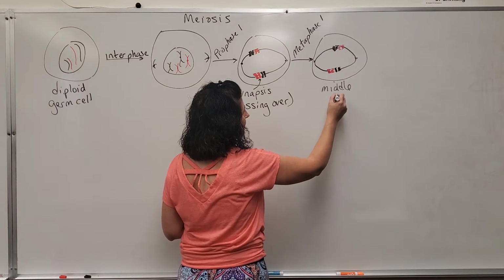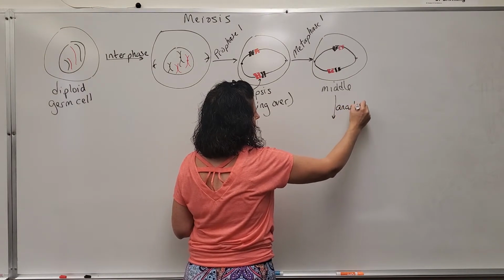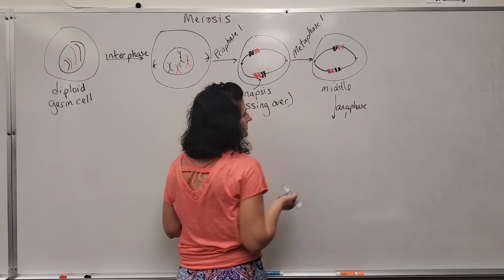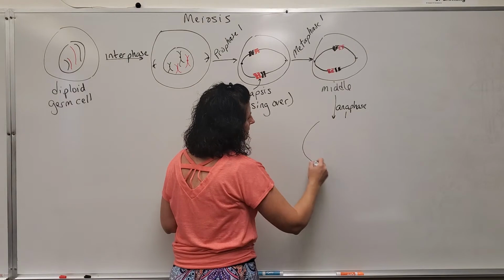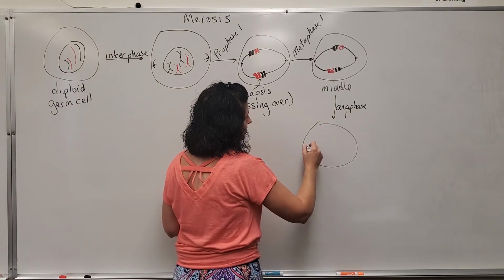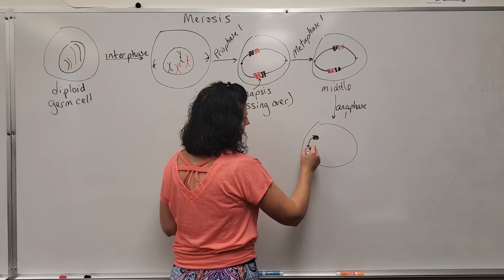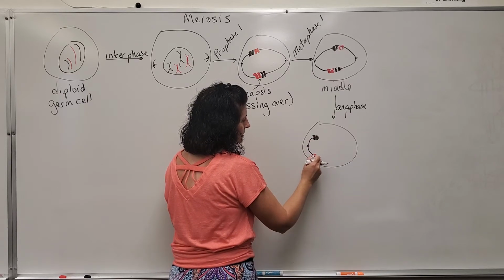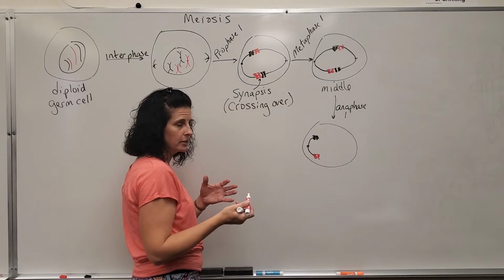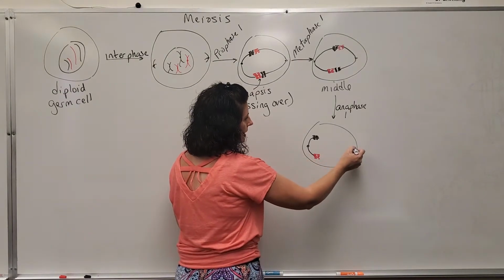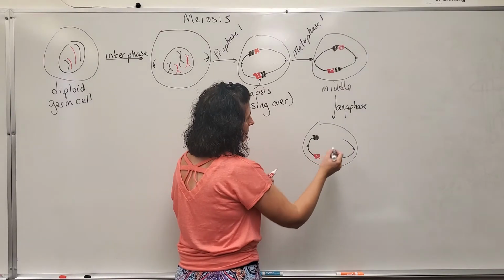Okay, so now we are going to go through anaphase 1. And now instead of separating sister chromatids, we are going to separate homologous chromosomes. So that synapsis event is going to break apart so that on each side of the cell, we only have one of each chromosome.